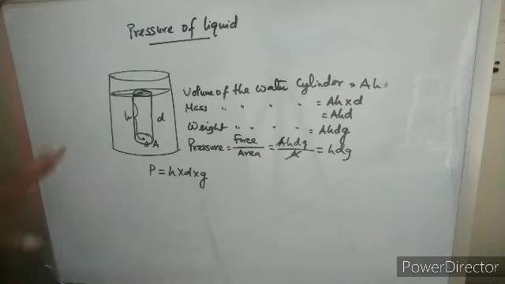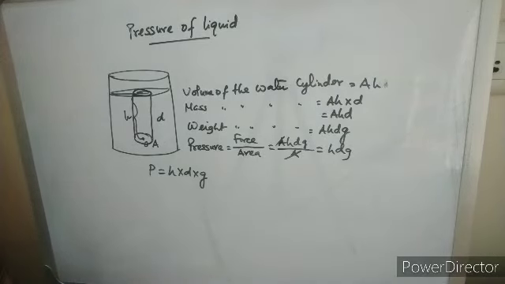In CGS system it is 1 gram per cc, and for SI system it is 1000 kilogram per meter cube. If it is some other liquid, then you have to know the density of that liquid, and you can easily get it from any source, from Google, from anywhere.